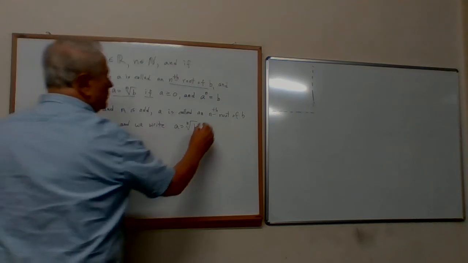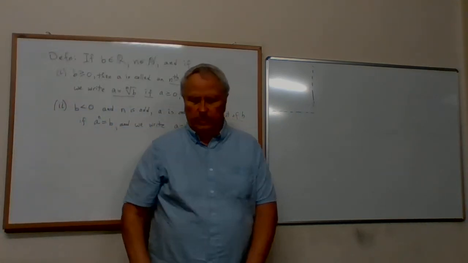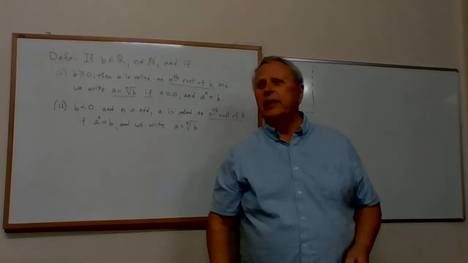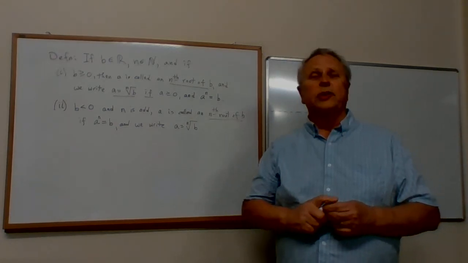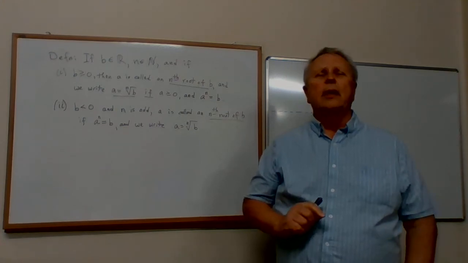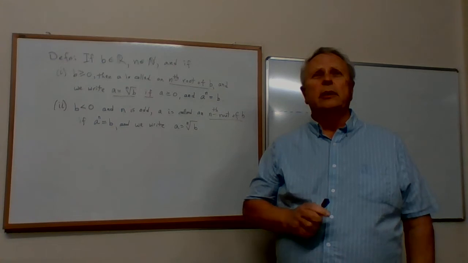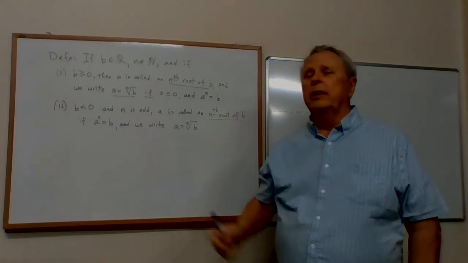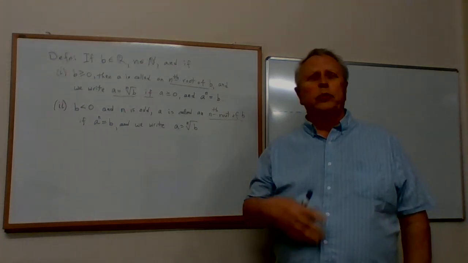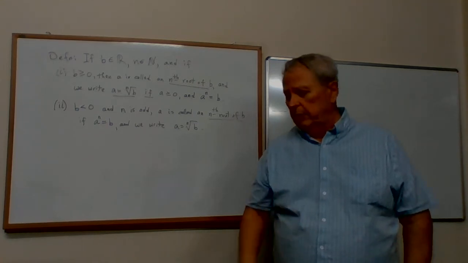Okay, so for any positive number, I can take any nth root of that and it will be a positive number. For any negative number, I can only find the nth root of that negative number if n is odd. I can find a cube root, a fifth root, a seventh root, but I can't find a square root or a sixth root or a 12th root.